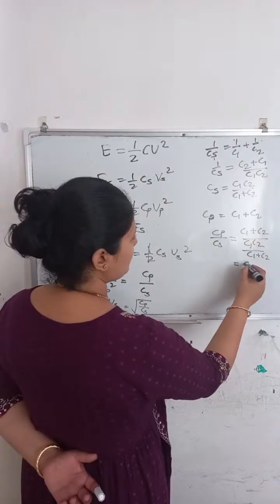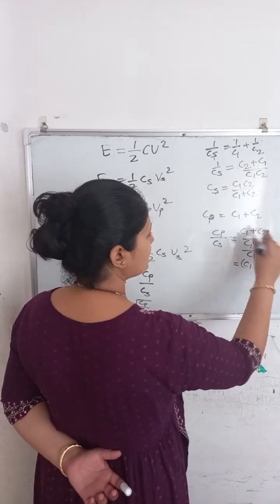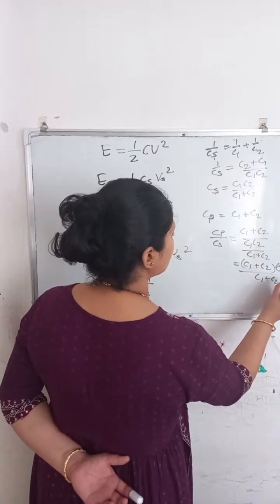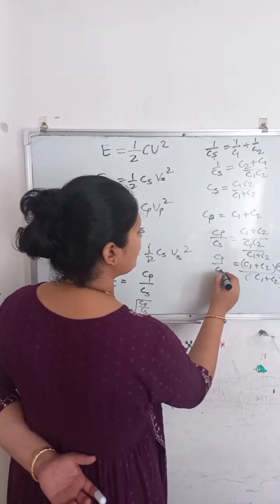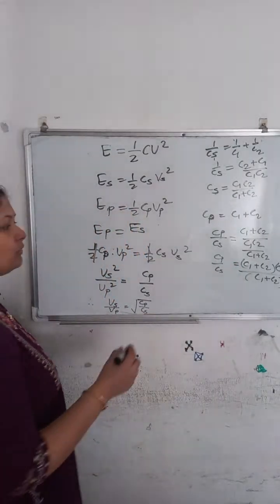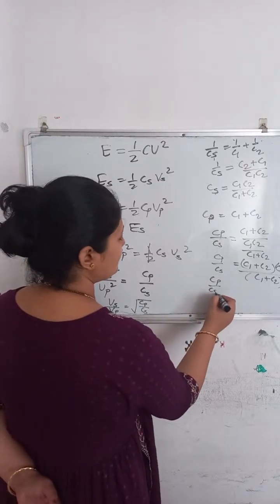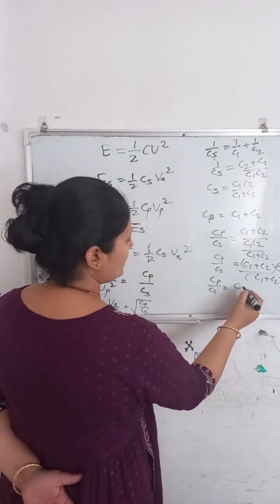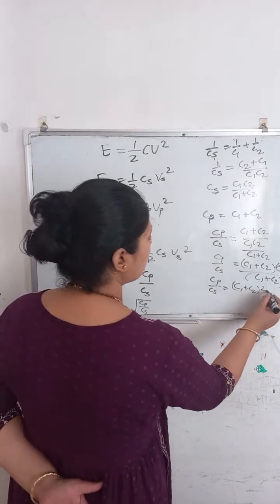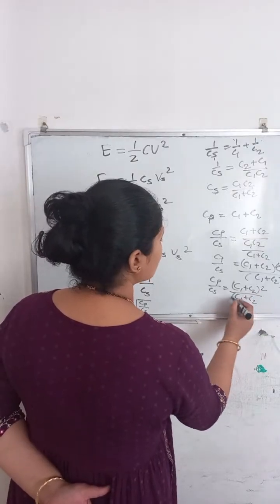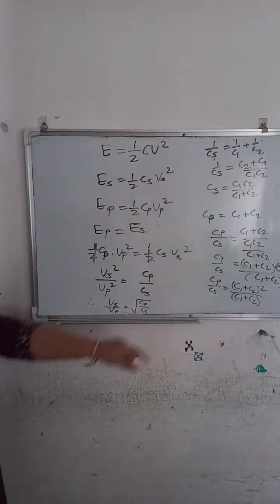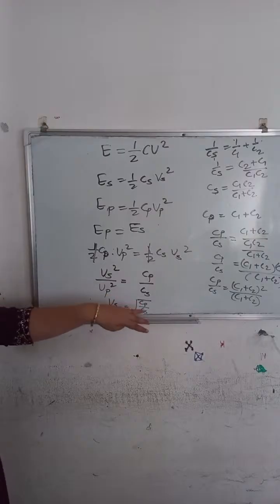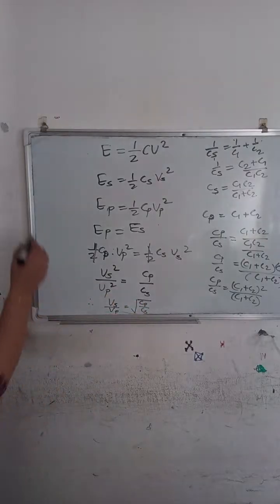Taking the reciprocal, we get C1 plus C2 whole square upon C1 C2. Since the brackets are the same, their powers get added. That is Cp by Cs, which has to go into the root, so we substitute it into this root value.